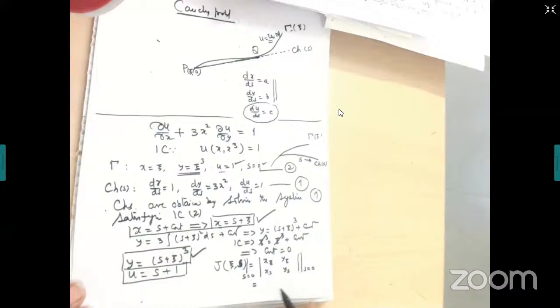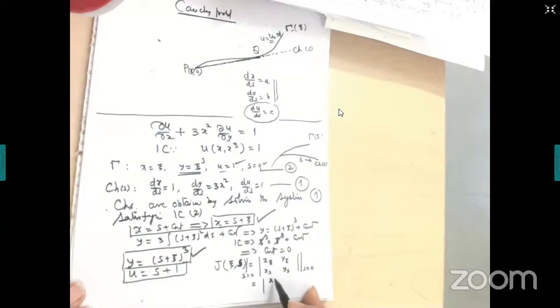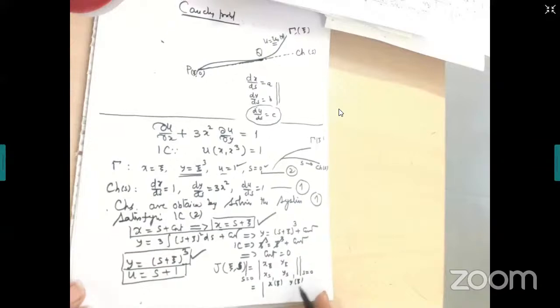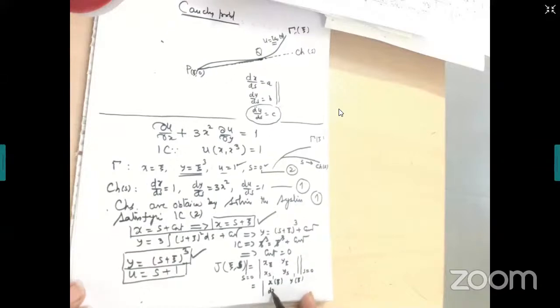This gives me x dash xi, y dash xi, the ordinary derivatives, and this is your dx ds, this is your dy ds. Is that right?